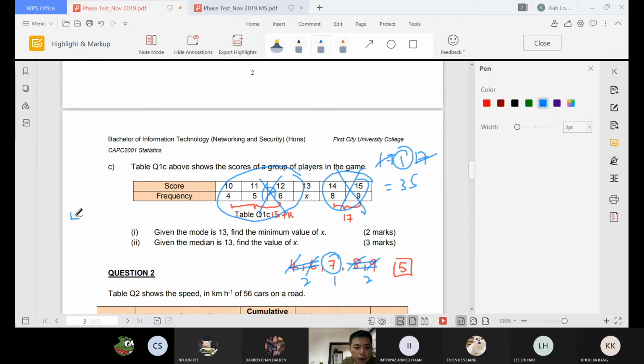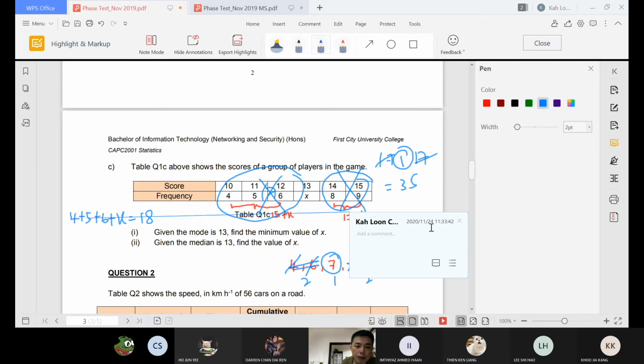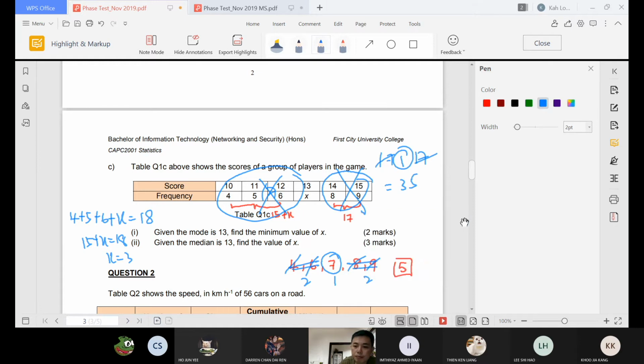So 4 plus 5 plus 6 plus x how many? 18, because the back is 17 data. So 15 plus x will be 18. So x will be 3. Is it okay?